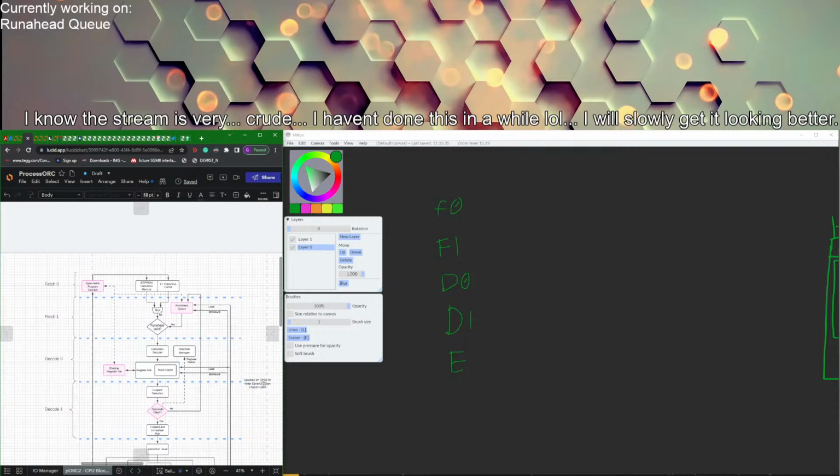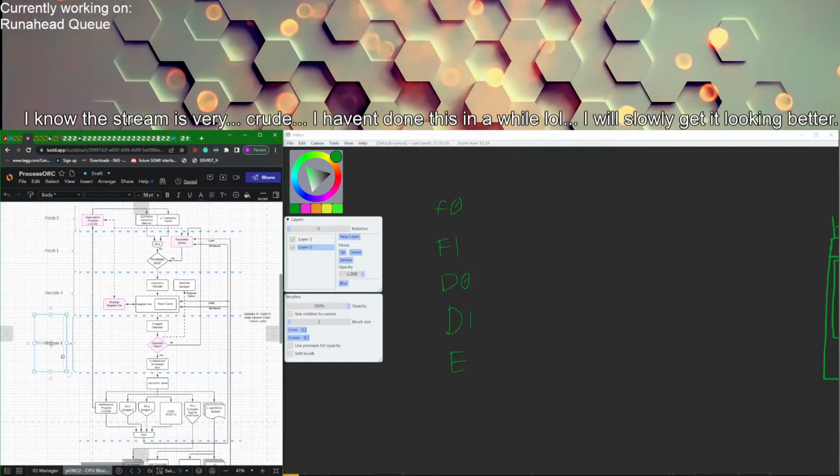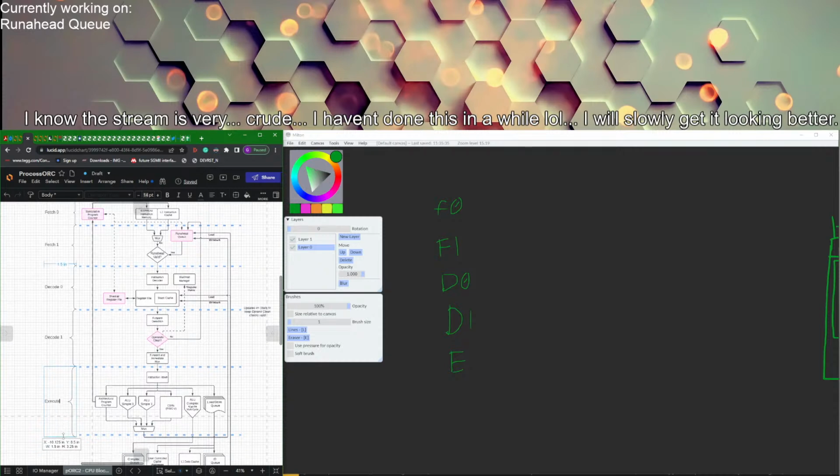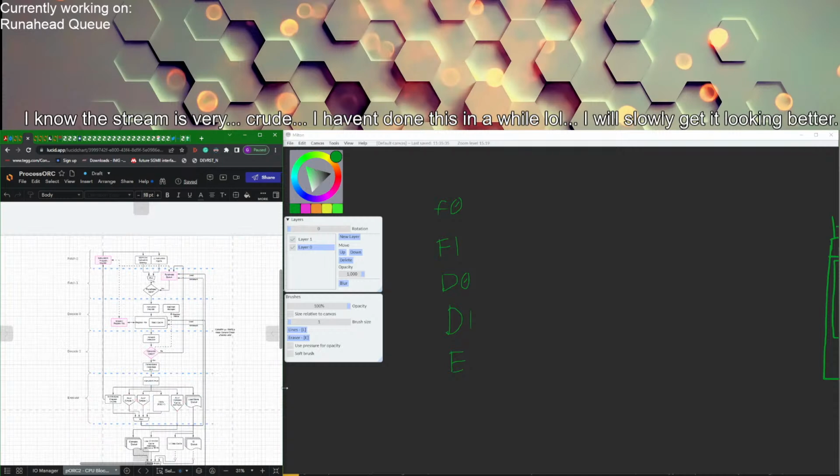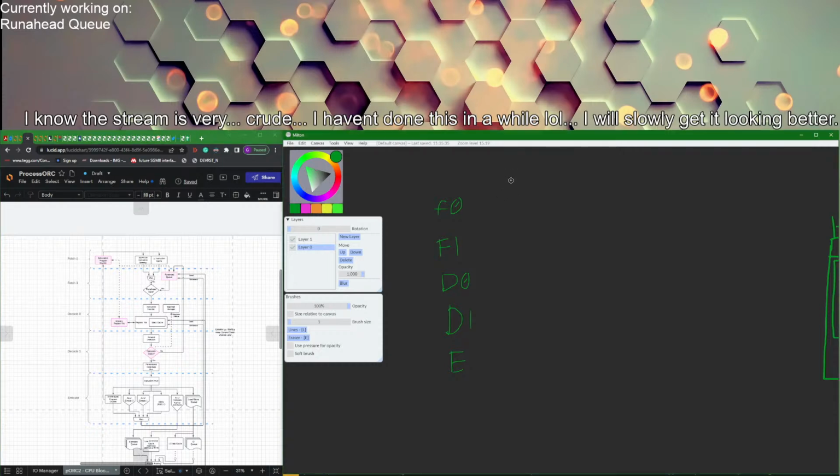Okay, so we have these stages, then we have execute. If we have our run ahead queue, and then we have our instruction cache, these two come together.